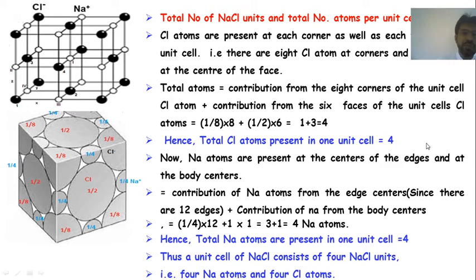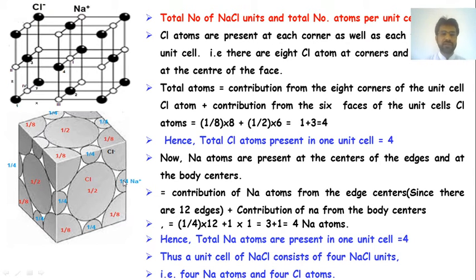Similarly, in case of the Na atoms, they are present at the center of the edge of the unit cell and one atom is at the body center of this unit cell. So its contribution is only 1/4.